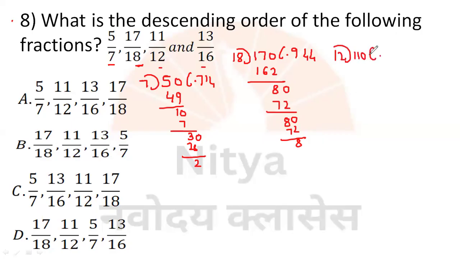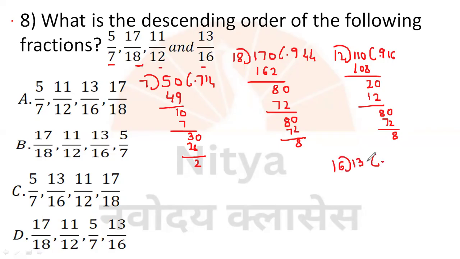So point and 0, 12 nines are 108. 110 minus 108 is 2. Again take a 0, and 12 ones are 12. 20 minus 12 is 8. Again take a 0, and 12 6s are 72, and 8 remainder. So now 13 by 16, you have to divide.